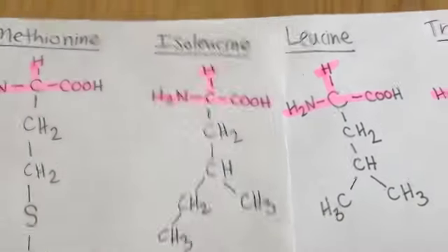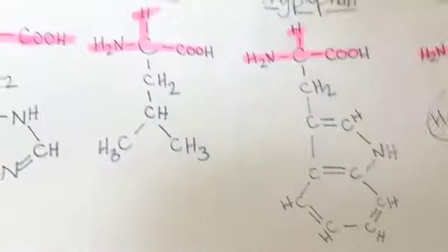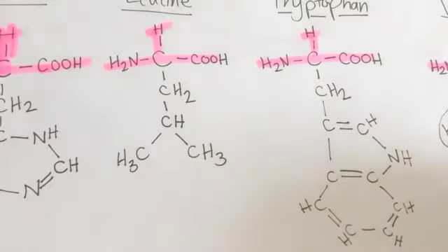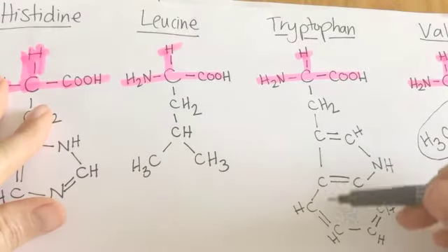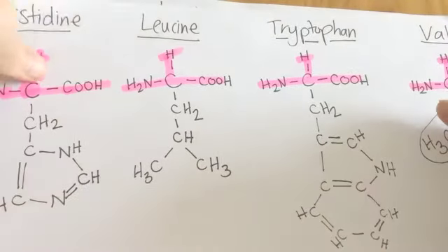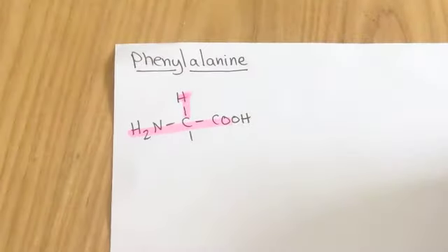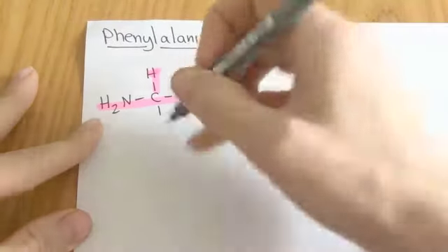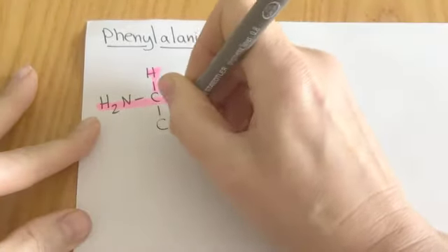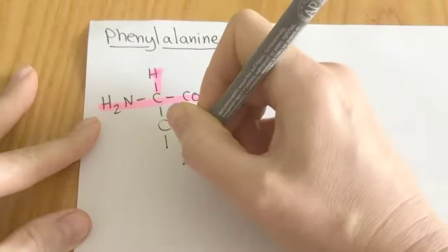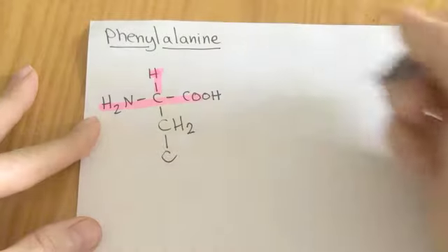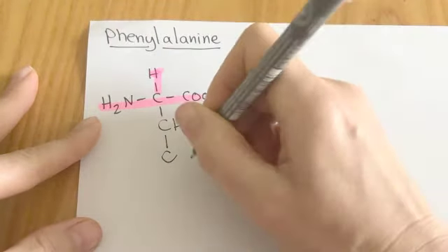And then we are already at our last one. As we do this last one, I want you to remember when we drew tryptophan, I'm going to zoom out a little bit, we had this 6-membered ring. That's really what phenylalanine is going to have. We start out with that CH2, and then just like tryptophan had that 6-membered ring, phenylalanine is going to have that too.